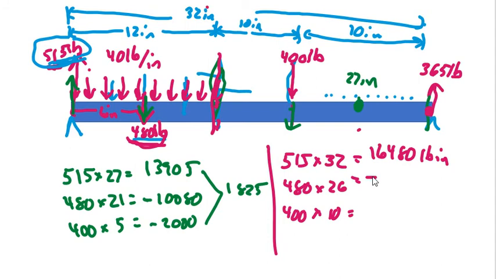This one's going to be a negative moment. 480 times 26 works out to be negative 12480 pound inches. And then 400 times 10 is going to be a negative 4000 pound inches. All of that combines to give us 0.